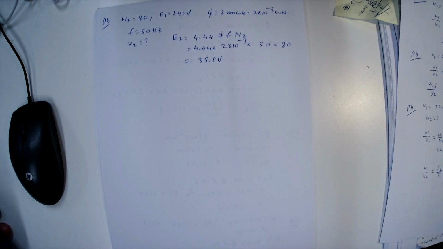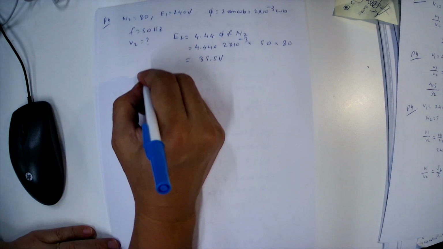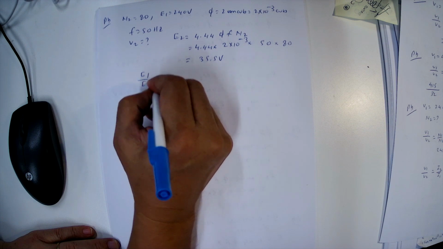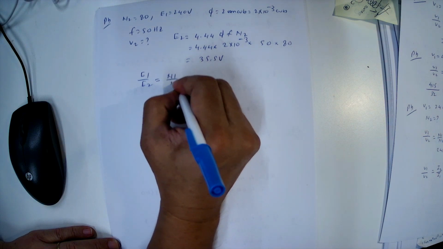And we also need to calculate the primary number of turns. In this case, we can write down the equation. You know the primary voltage, you know the secondary voltage, you know the secondary turns, so you can calculate the primary turns. We write down the equation E1 by E2 equals N1 by N2.